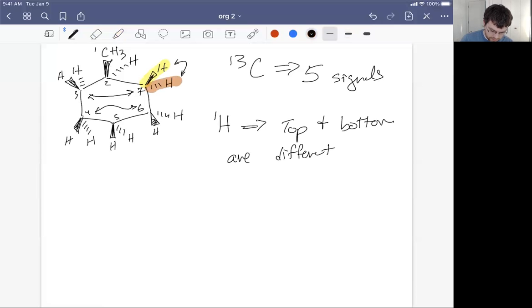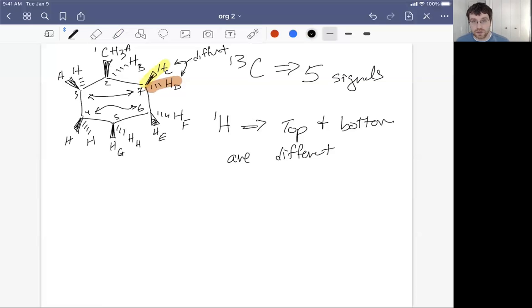These are now different from one another. Okay, so I'm going to give A to the CH3, B to the hydrogen at 2, C to the top one at 7, D to the bottom one at 7, E to the top one at 6, F to the bottom one, G and H.